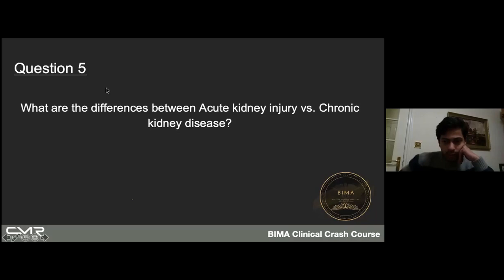Yeah, everyone has pretty much hit the nail on the head. So AKI is more often than not reversible. I can't actually quote the amount of AKIs that progress to CKD, but I know there's obviously a risk factor: if you've had previous AKIs, you are at risk of having CKD. And people with CKD can also have AKI, if that makes sense. But also, the AKI is reversible, as I just said.